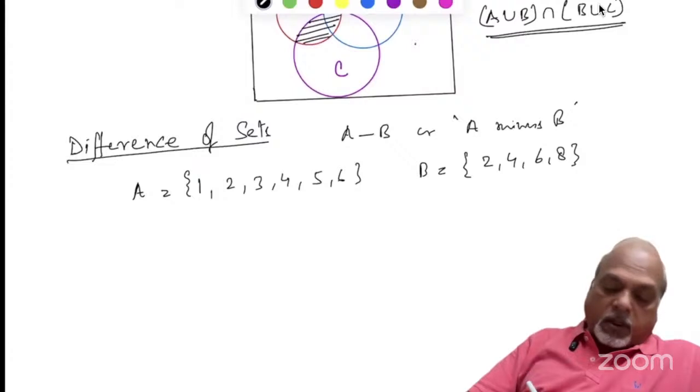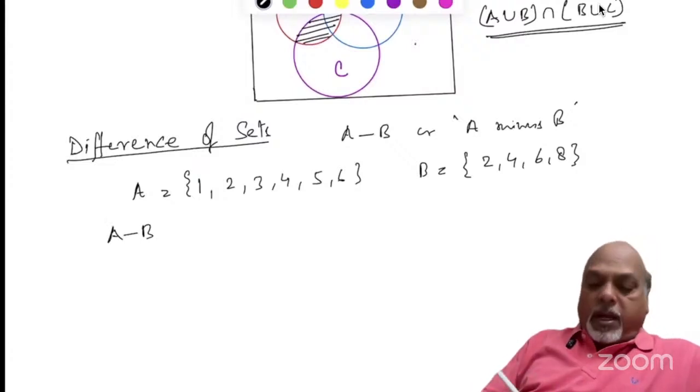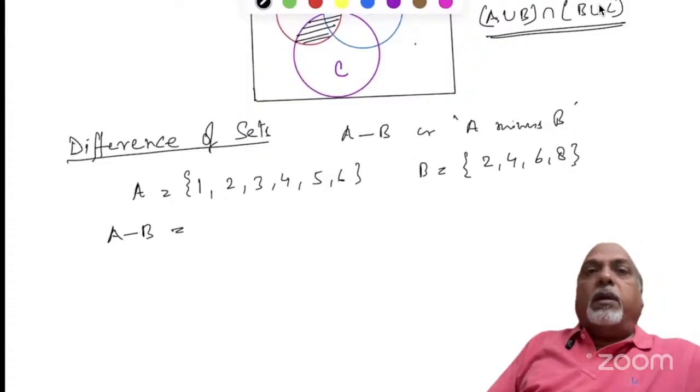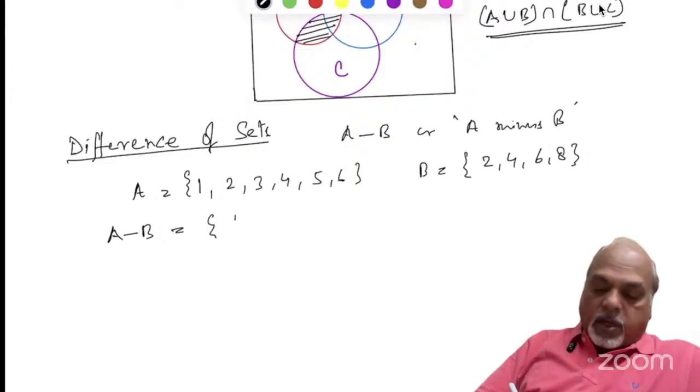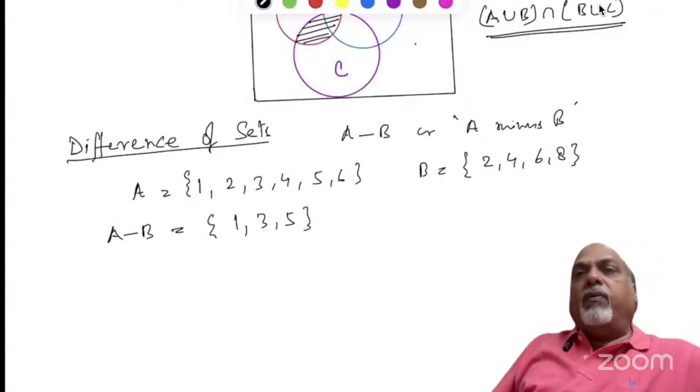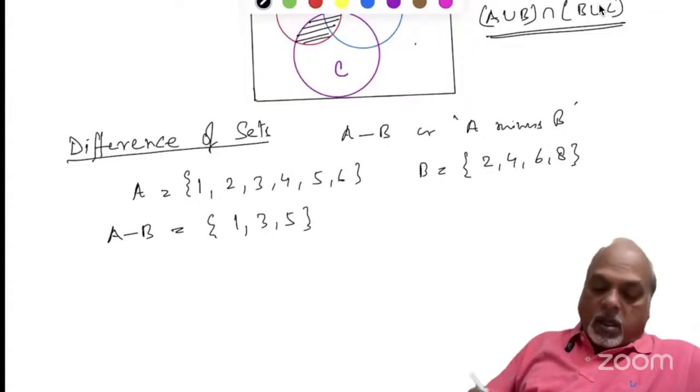Then what is A minus B? A minus B is nothing but the elements which belong to A but do not belong to B. So here A minus B will be 1, 3, 5, because 1, 3, 5 do not belong to B.